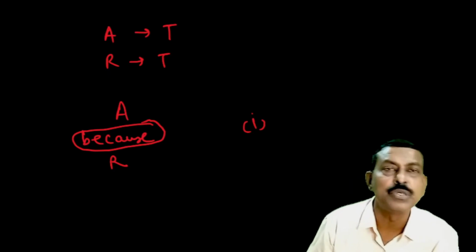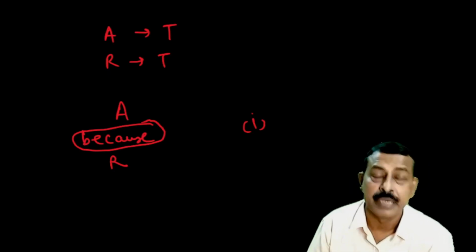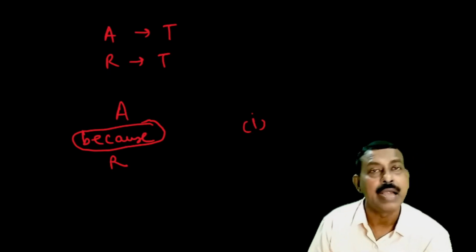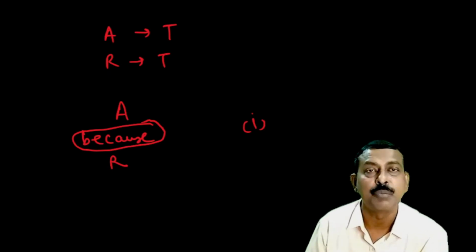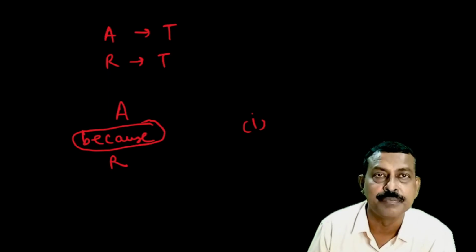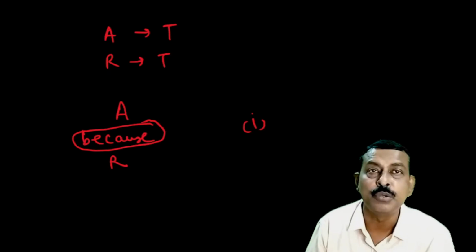Just like suppose one option says that electric lines of force never intersect each other. This is a true statement. And the reason given is that if they intersect, at the point of intersection there can be two directions of electric field, which is not possible. Now just read it the way I have told you.